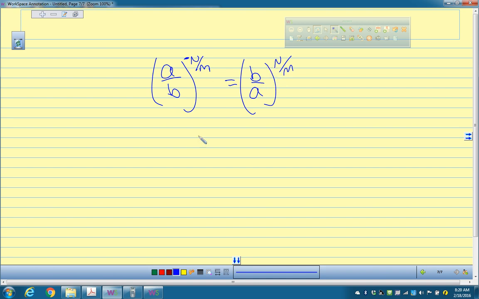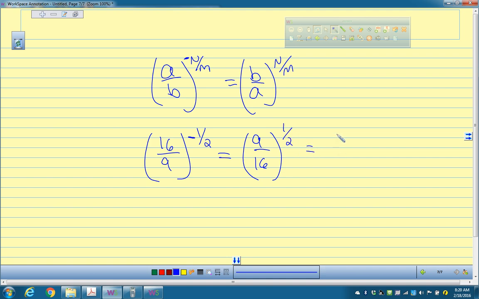So if I have 16 over 9 raised to the negative 1/2, that's the same as 9 over 16 raised to the positive 1/2, which is equal to what?